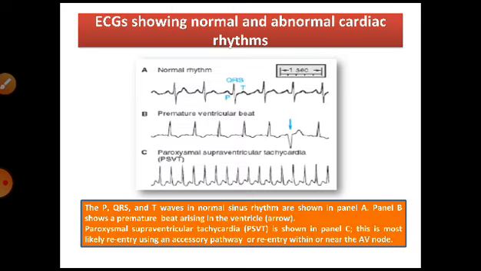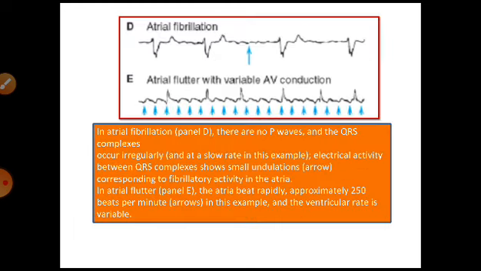Here I brought some ECG pictures for you, which give you the different ECG statuses. You can see in the normal rhythm how the ECG looks. Then if it is a premature ventricular beat, how it looks. And in the case of PSVT, it looks like stage C. Here you can find atrial fibrillation.